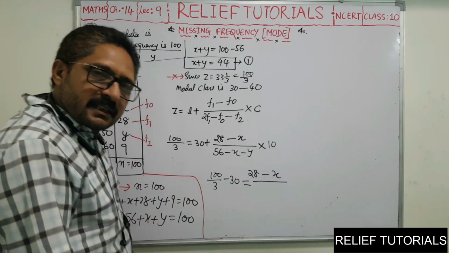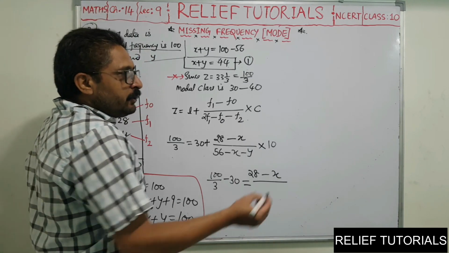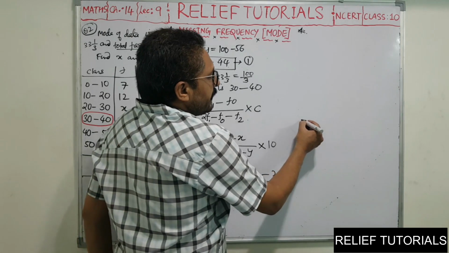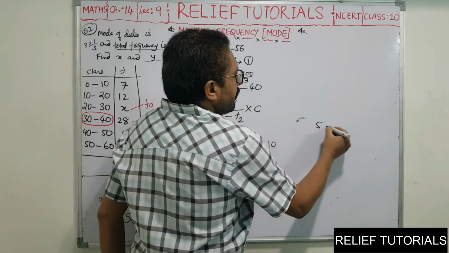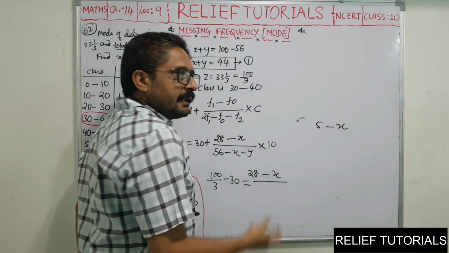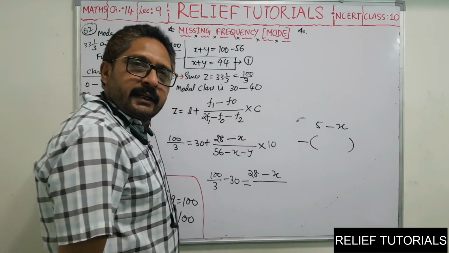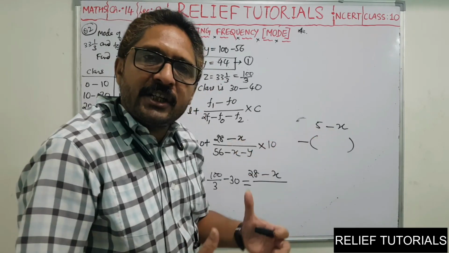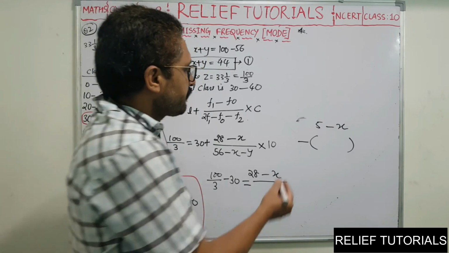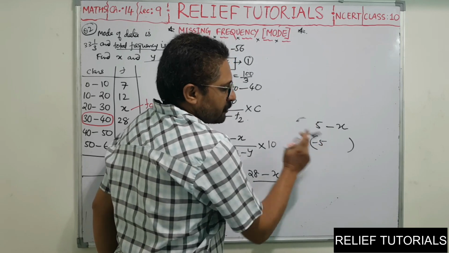Now here there is a turning point. What will we do? See here. You know that in lower standards we have learned, if there is, or I can say, 5 minus x, and if you want to take minus common from this, if you take minus common, the sign of both these terms will change. How? See, minus I have taken common, so I can write here minus 5 plus 5, so I have to write minus 5.